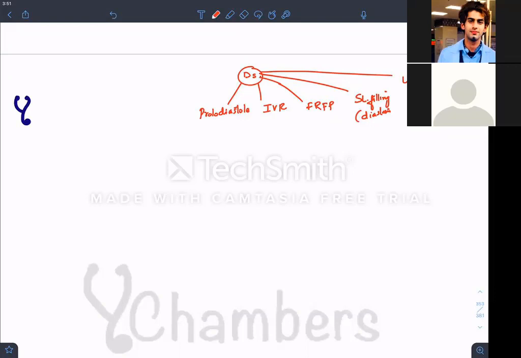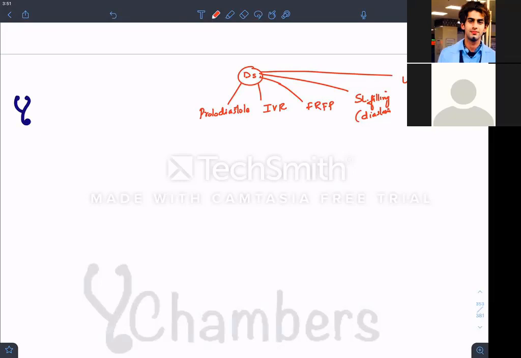Protodiastole means, proto means something which has not yet matured, something which is going to mature. You can think in many ways.